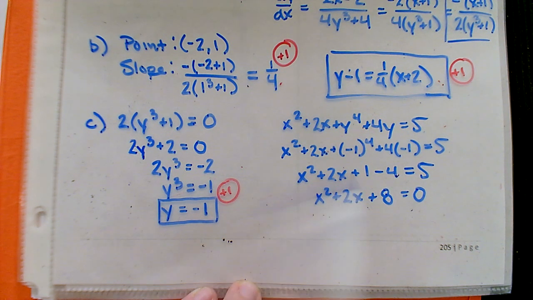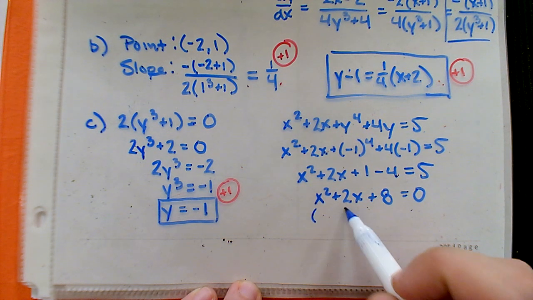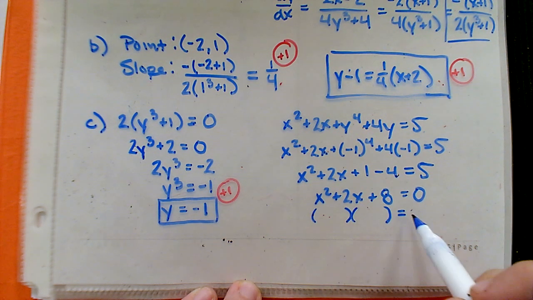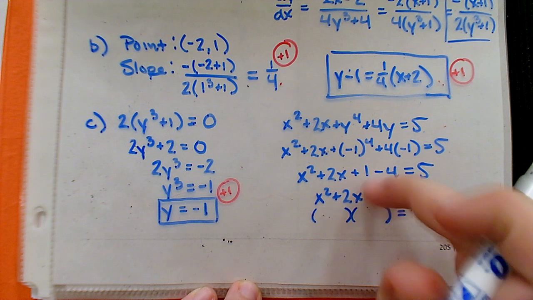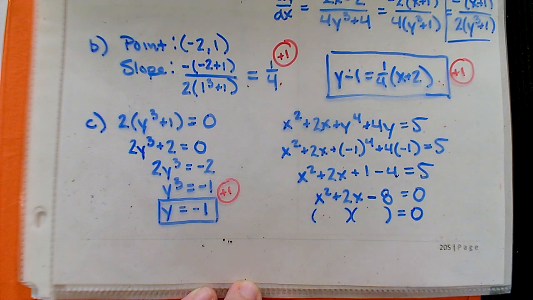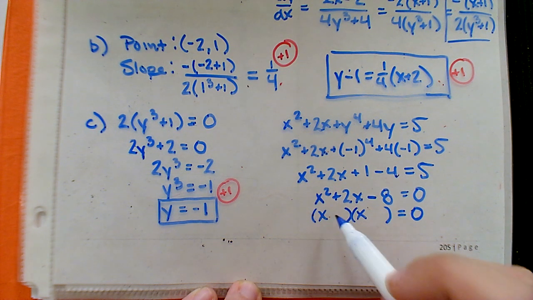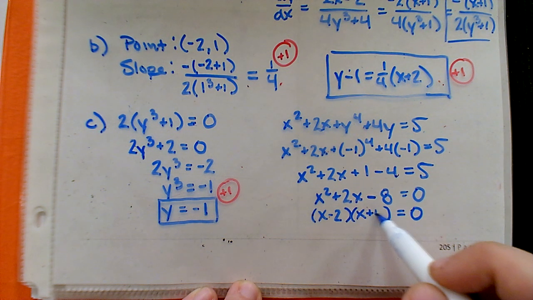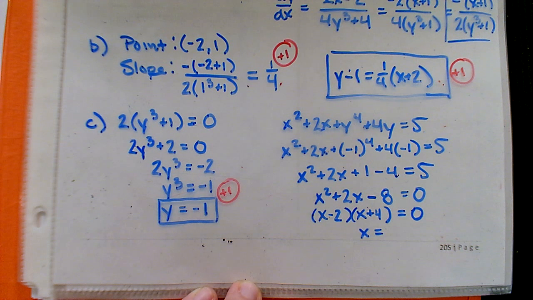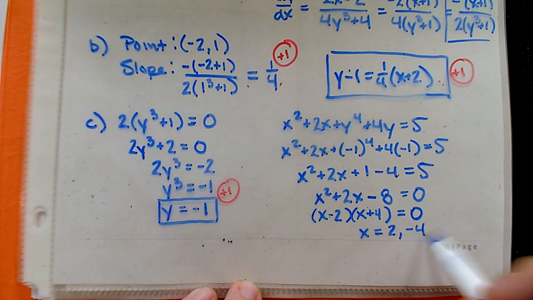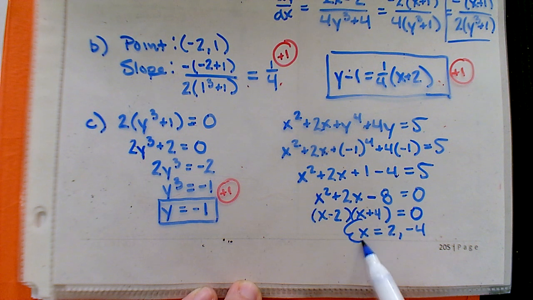Let's factor. We have a quadratic, so we'll set the equation equal to 0 to factor. 2 numbers that multiply to -8 but add to 2: -2 and 4. So the x coordinates would be 2 and -4.